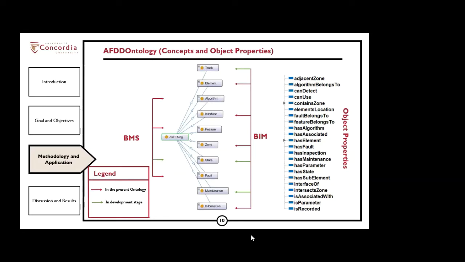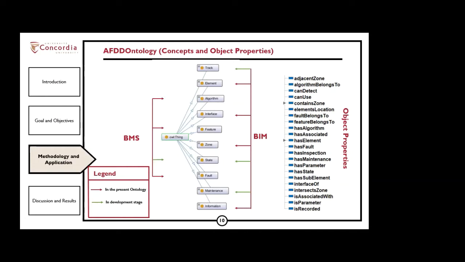Okay, and on this slide, you have BMS and you have BIM. And then for those boxes in between BMS and BIM, are they from BMS or from BIM, or part of them from BMS and part from BIM? Or not? Maybe none. Okay, the ones in the middle, what are they?